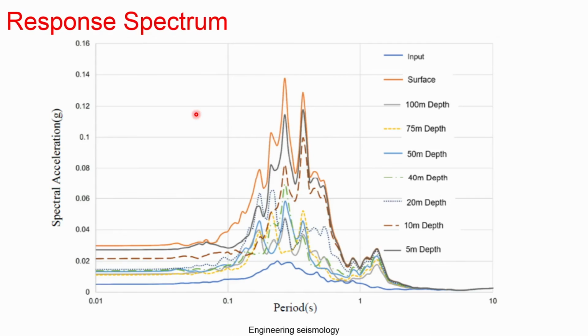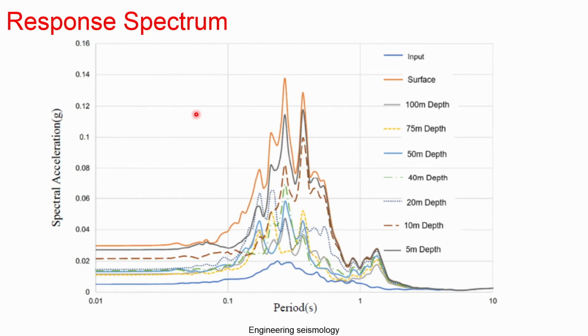That means the response spectrum at the surface, at 5 meter, at 10 meter and 20 meter may not be the same. By the time you finish this course, you can see one of our papers where we estimated depth-based amplification in the Indo-Gangetic basin using 275 locations of measured shear wave velocity and also some microtremor studies. Okay. So, that is how you can get a response spectrum.